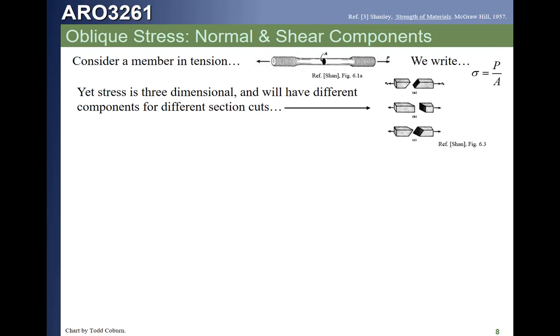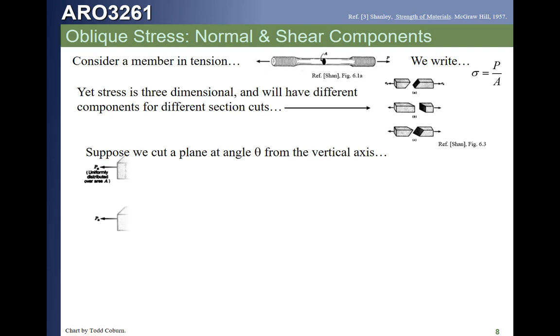Therefore, if we make any cut other than a perpendicular cut, if we find that the force is not perpendicular or parallel to the area, then we will need to resolve that force into components, normal and parallel to the area, so that we can evaluate what the shear stress and the normal stresses are and assess whether we're okay.